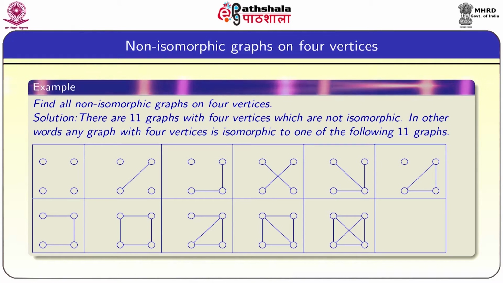For example, if you look at the 11th graph, the last graph, it is K4, the degree of each vertex is 3 in that case, and this is not isomorphic to any of these graphs. Like that, with a small effort one can show that any two of these graphs are not isomorphic, and these are all 11 graphs which are not isomorphic.